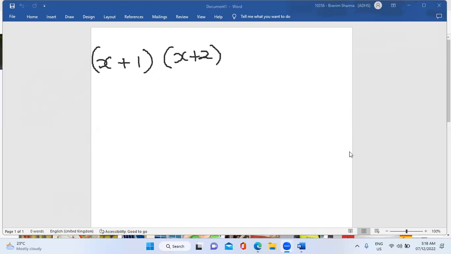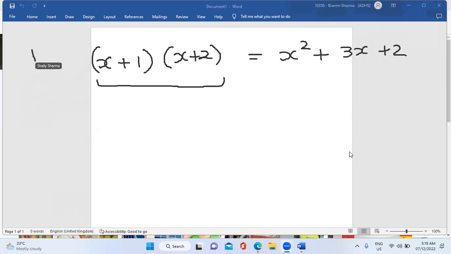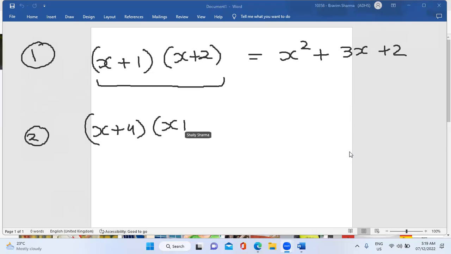So if this is an expression given in factorized form, x plus 1 times x plus 2 equals x squared plus 3x plus 2. Second, I am writing x plus 4 times x plus 2, and that would equal x squared plus 6x plus 8.